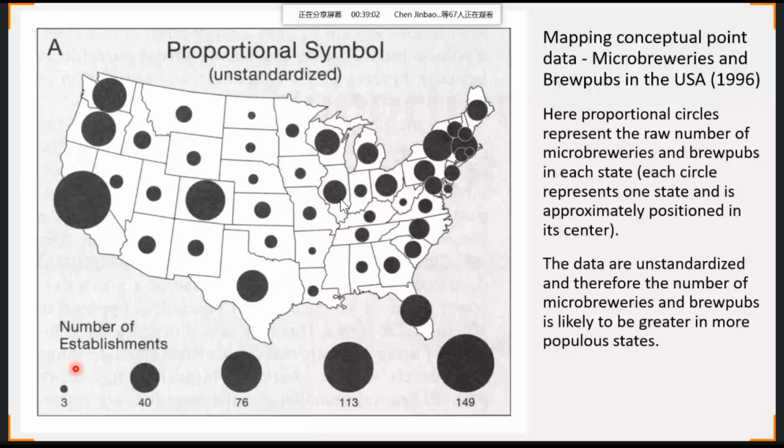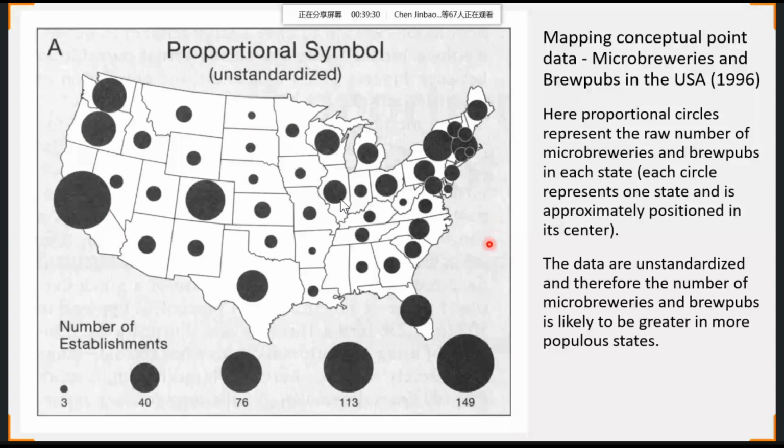And you have here the legend. So the different sizes of dots reflect a different number of microbreweries and brew pubs. And of course, we are all checking out proportional symbol maps quite often at the moment, because there are many maps about the spread of the new coronavirus, SARS-2.